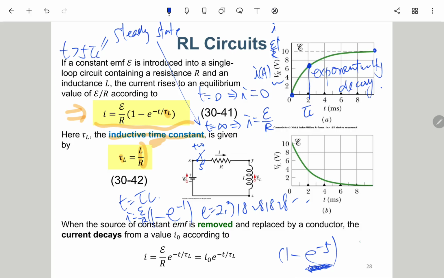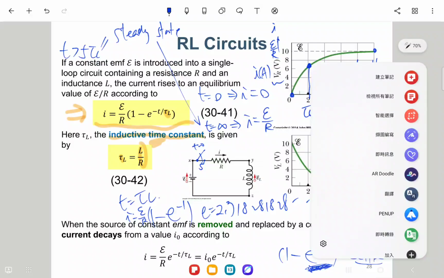So we say it is 99% settled. For most cases, that is acceptable for an engineer, because even the noise can be larger than 1%.